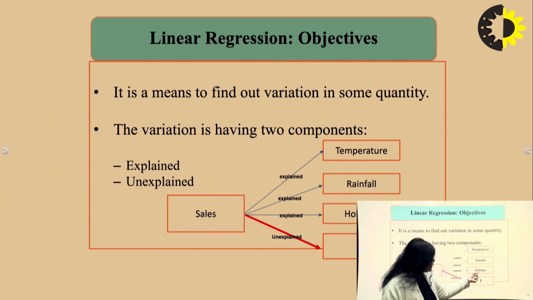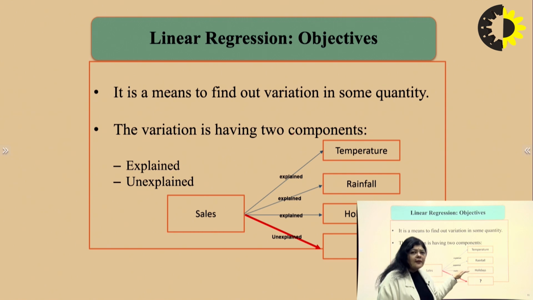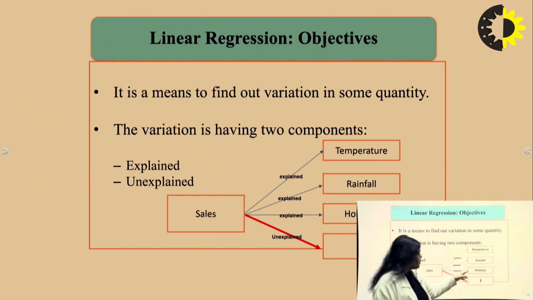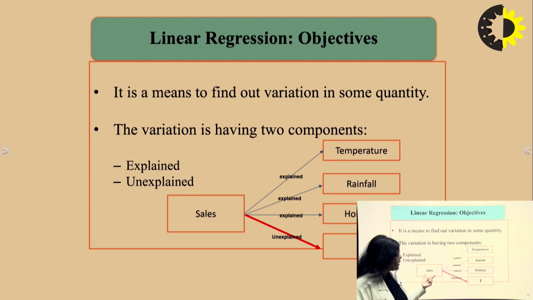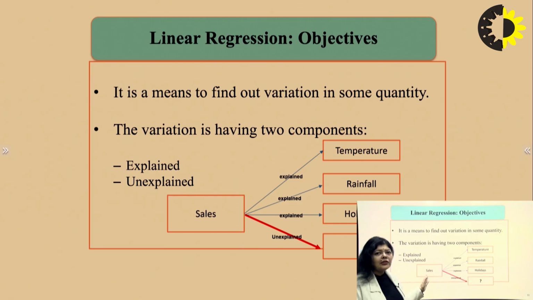Or it could be the factor of whether there are holidays. So how holidays are related to sales can be represented as a linear regression model. Now, I have already selected one variable which is my independent variable. To the model I have said that sales can be explained with the help of holidays. So if I have been given holidays data, I can explain the variation in the sales.